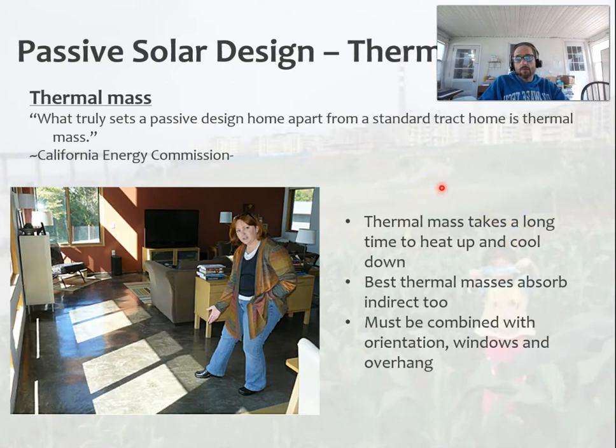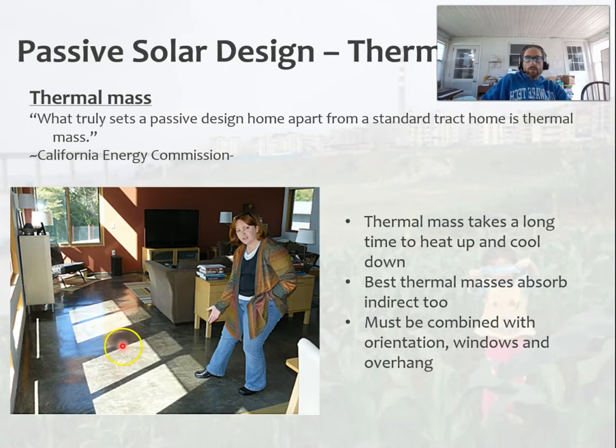Okay, so thermal mass is one that's probably the least understood and the least used of all of these. And a thermal mass is just a material that takes a long time to heat up and cool down. Okay, and so if you think about having a floor, like this is a big thermal mass, this floor. So if you have these nice south-facing windows, let's say there's windows here on the south side, and you have the sunlight that comes in the winter.